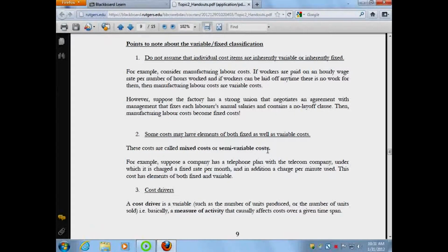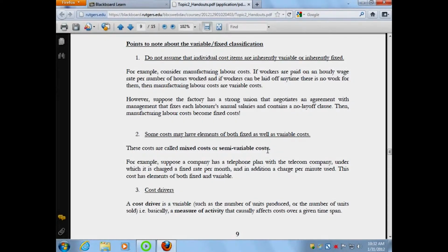Okay? So any statements you make about costs being fixed or about costs being variable, keep in mind they may not apply universally to that cost over its entire possible range. So whenever you talk about a certain cost as being fixed, it is always a good idea also to specify what is the range that you're talking about within which the cost is fixed.